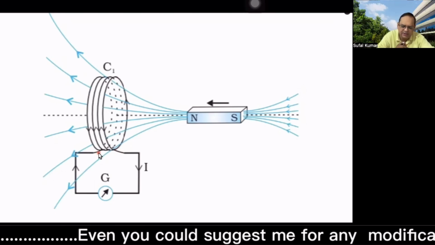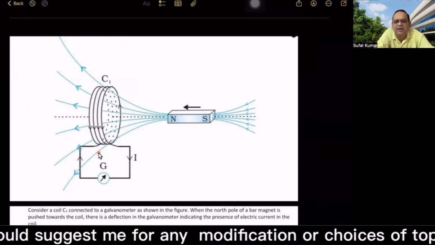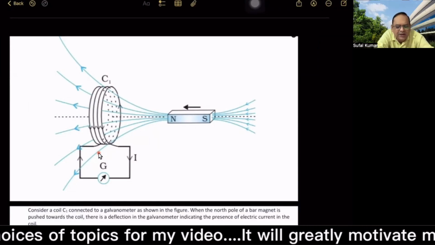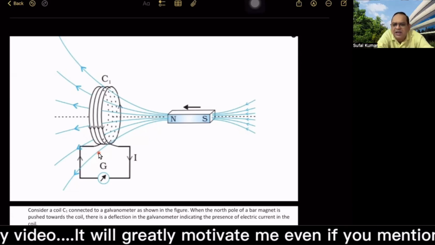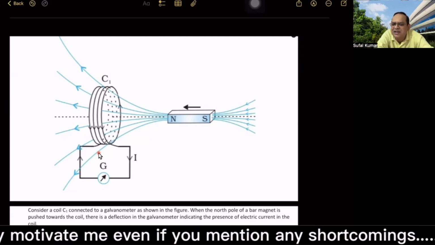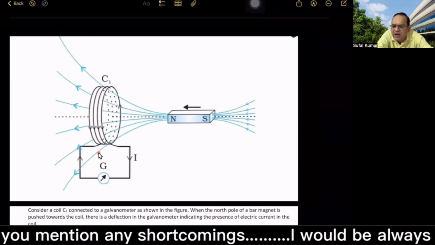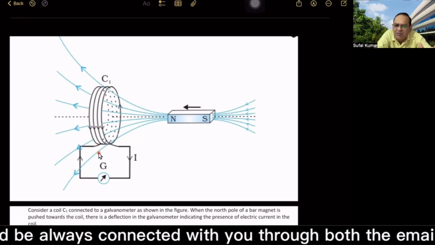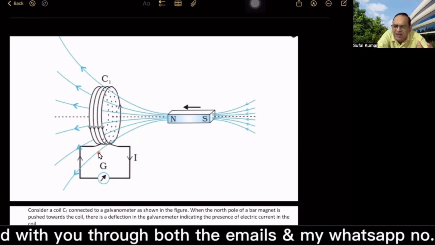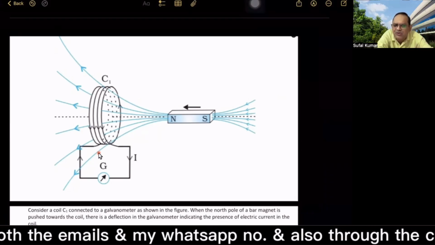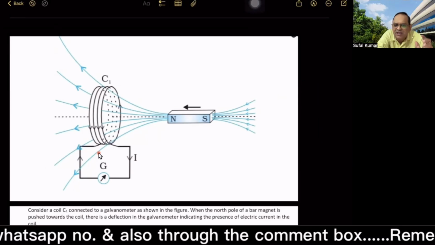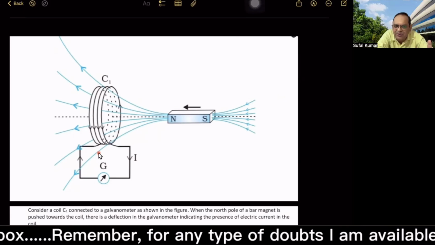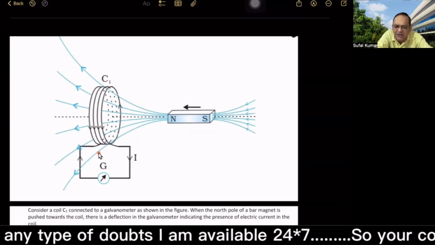Then afterwards, in the next few minutes, we are to discuss electromagnetic induction in terms of opposing tendency. Wherever induced current or induced EMF appears, it will have a tendency to oppose the change. That means every change has to be opposed by induced current and induced EMF.